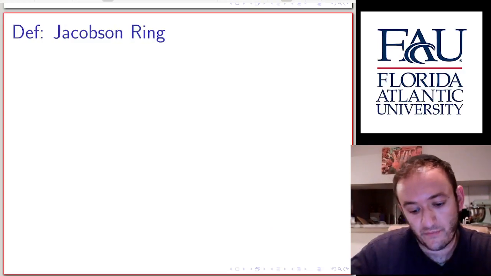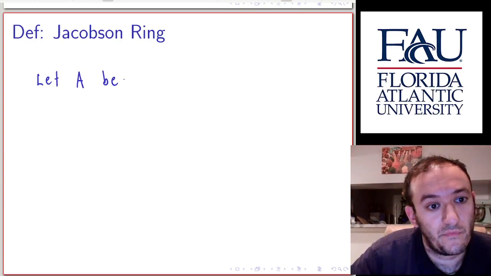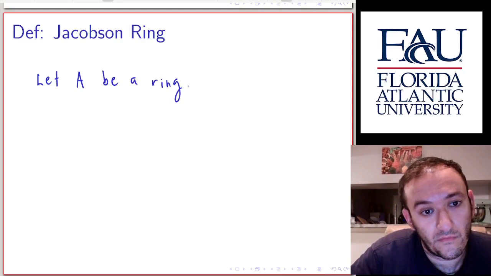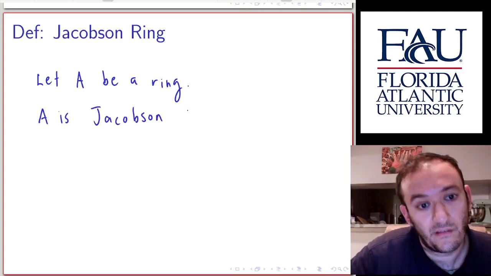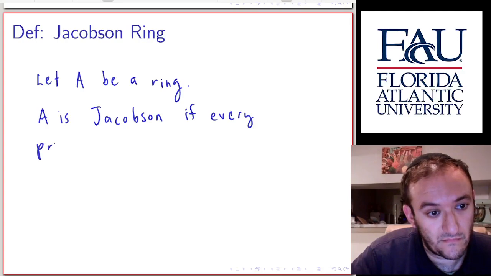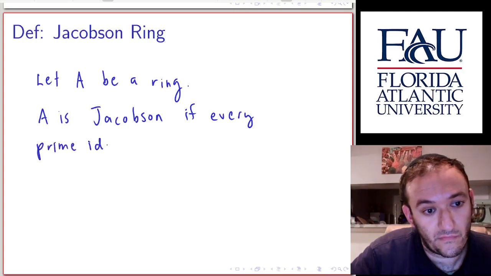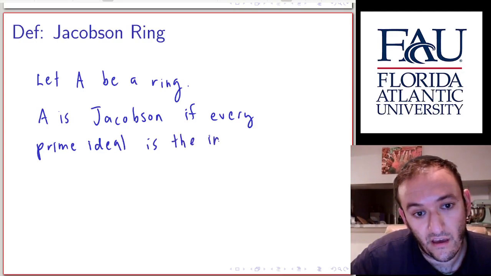First, we'll define Jacobson rings. Let A be a ring. A is called Jacobson if every prime ideal is the intersection of the maximal ideals containing it.